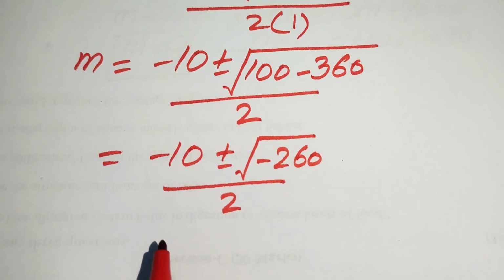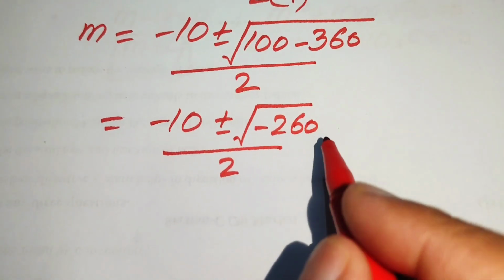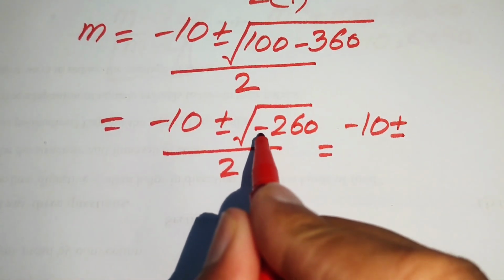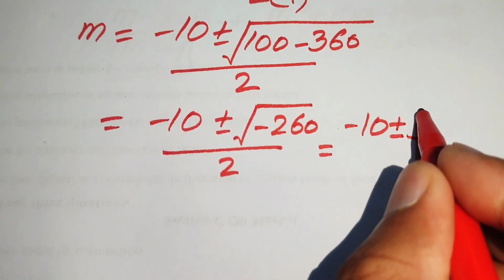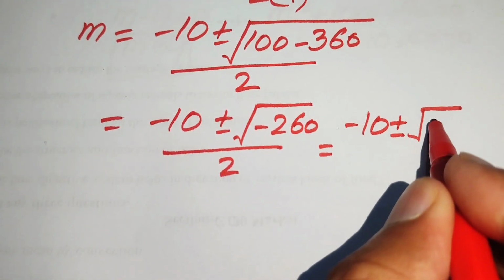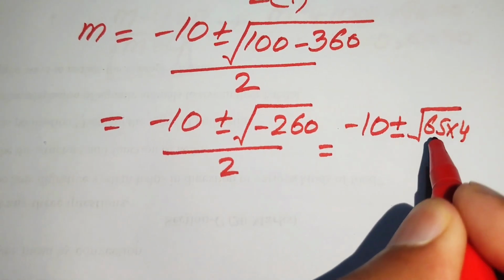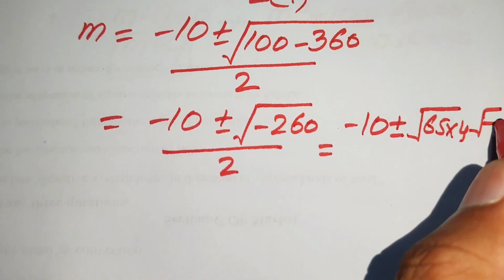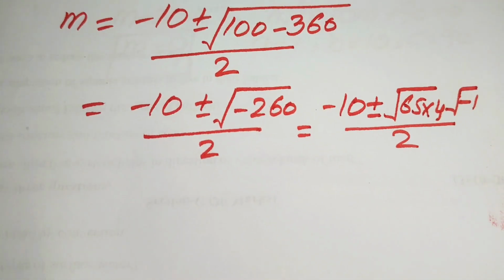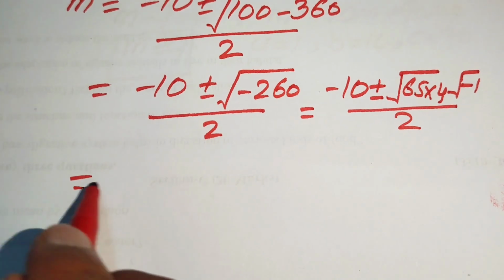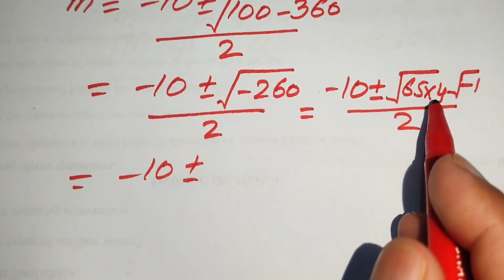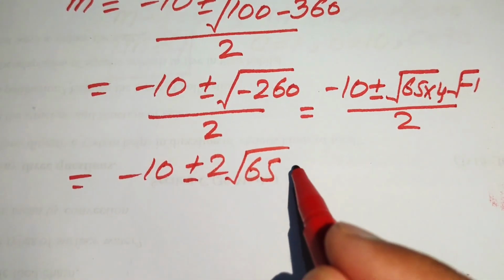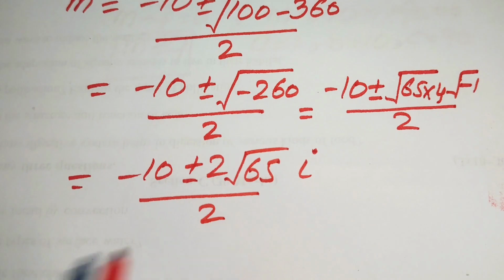So now here we have minus 260, and we write this as minus 10 plus minus, where we first separate the square root of minus 1 and this term, and we write 260 as 65 times 4. We know that 65 times 4 becomes 260, and we have the square root of minus 1, divided by 2. So here we have minus 10 plus minus, we know that the square root of 4 becomes 2, into square root of 65, and we know that the square root of minus 1 equals iota, and this is divided by 2.